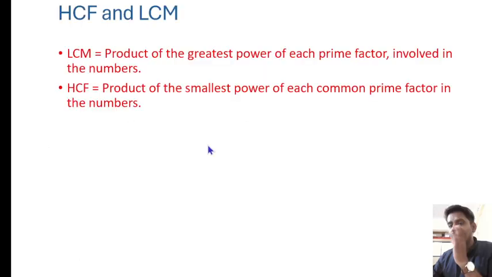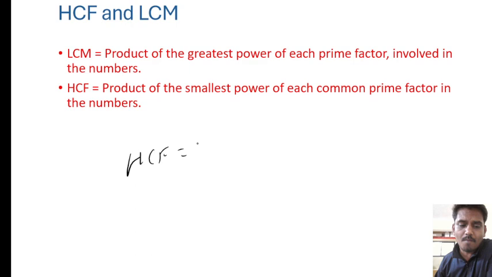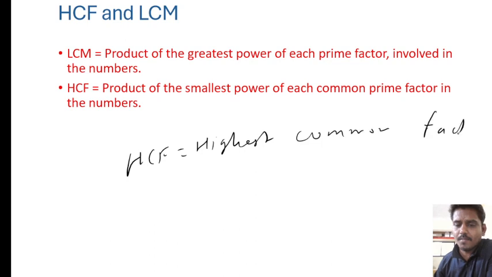The next application of fundamental theorem is to find HCF and LCM of the numbers. Now, as we studied in previous classes, HCF is highest common factor of the numbers, and LCM is least common multiple of the numbers.